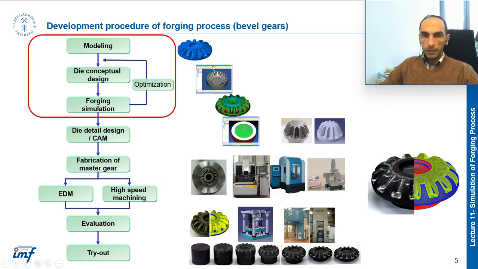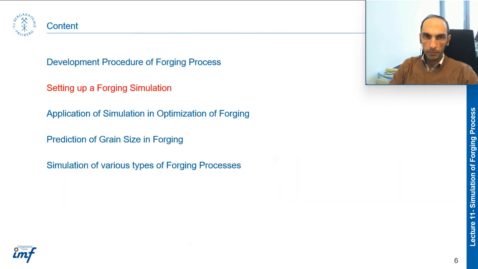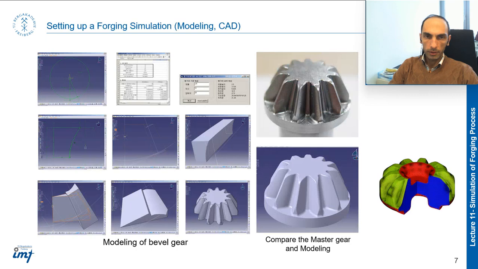So this slide shows that clearly. When you want to start the simulation, first you should design your master model or master gear here, because the part is a gear. You should design your part in CAD software.